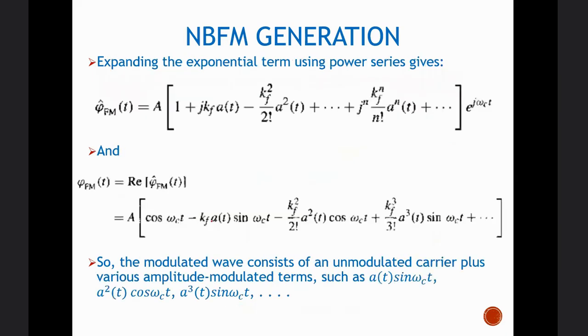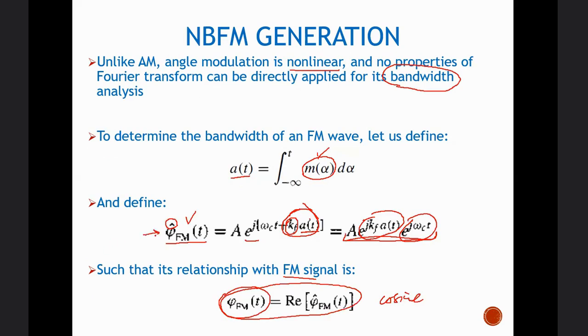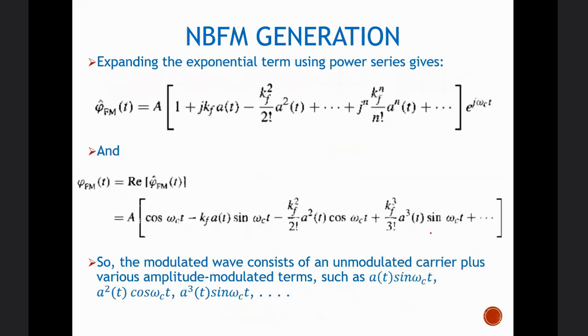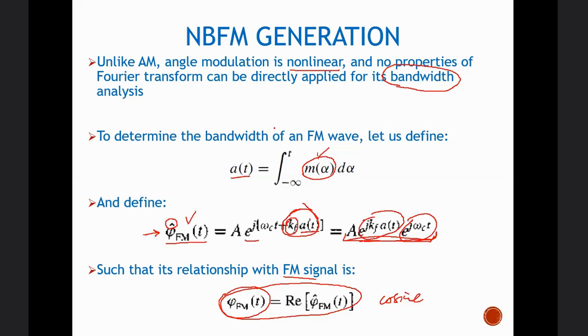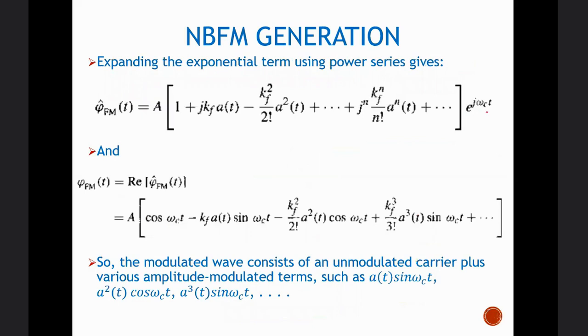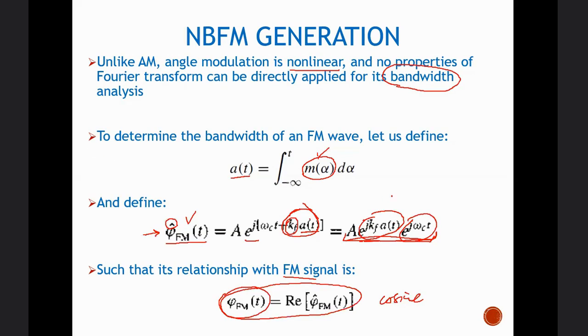Now let's expand the exponential term that we saw on the previous slide. What do we get? We get 1 plus j k_f a(t), so we are using the power series expansion. Here you can see that we have A as it is, and e raised to the power jω_c t as it is, and we then expand the other exponential using the power series.